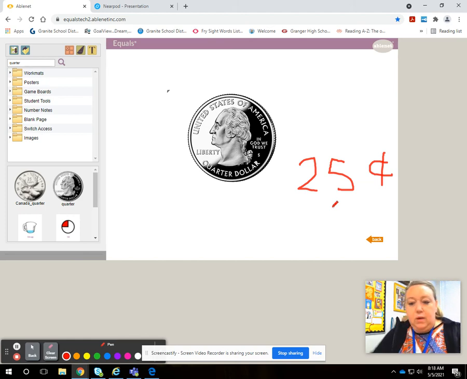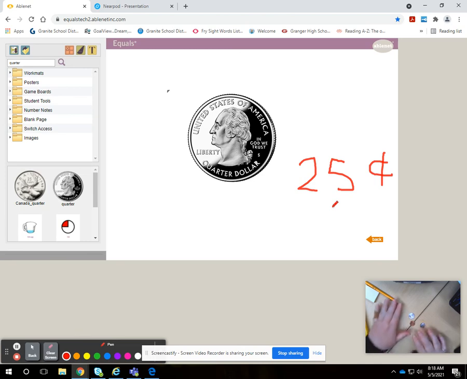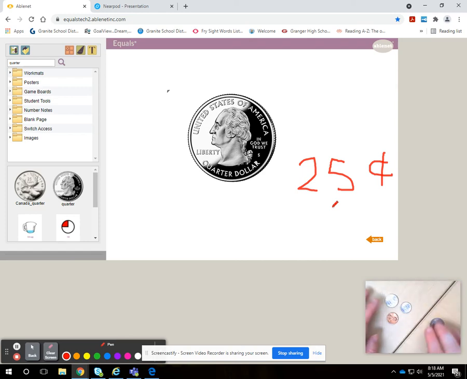I do want to try to turn my screen just a little bit down here for you because I want to show you the difference in the sizes here. Zoom in a bit. So we start with our penny right here. The next one is the nickel, which is bigger than the penny, which makes sense because it's worth 5 cents right here. And then we have our dime.